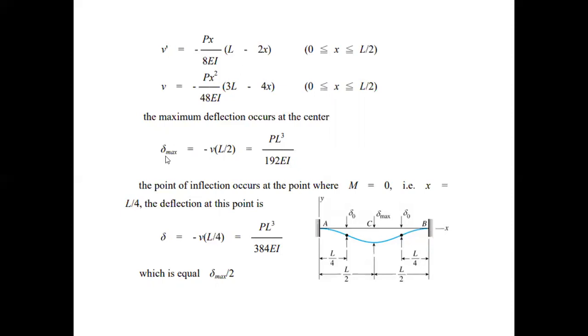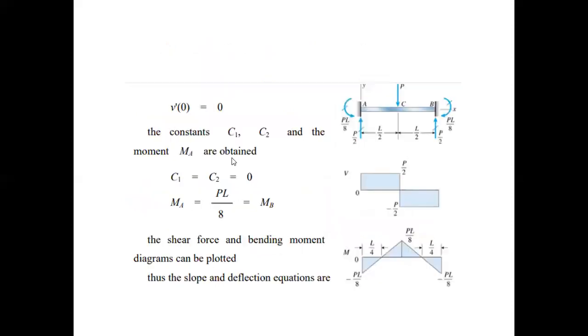Now maximum deflection, that is delta max, is equal to minus, and it will occur at L by 2. This is the maximum deflection that will occur at L by 2. We can easily see that the force is acting at a length L by 2. So when the deformation of this beam occurs, the deformation shape will be like this.